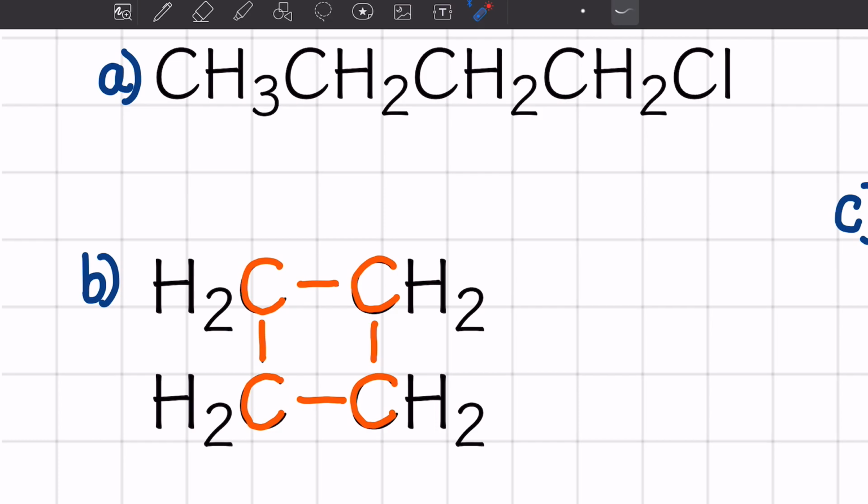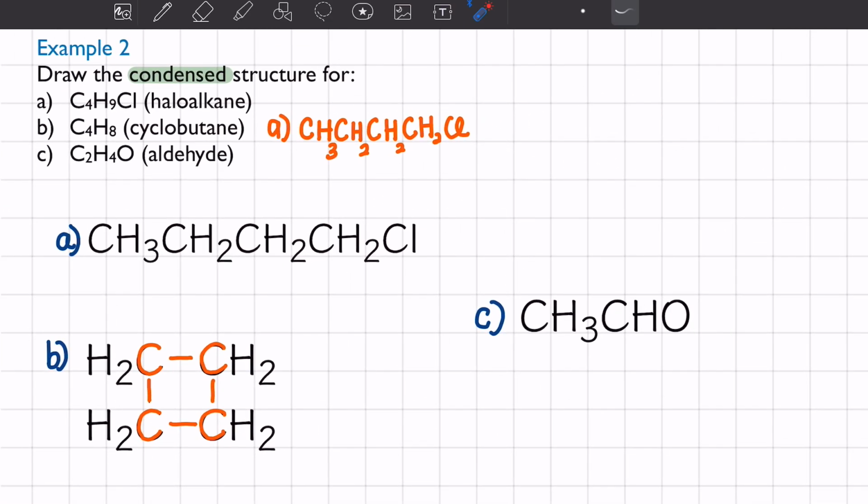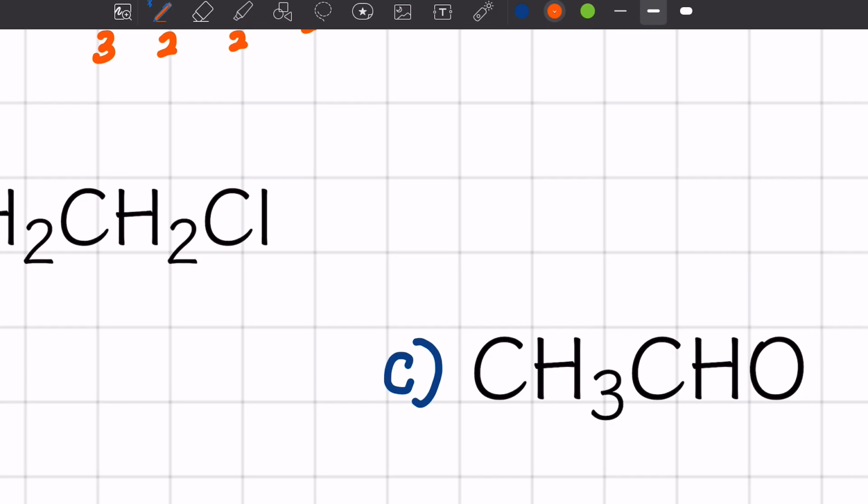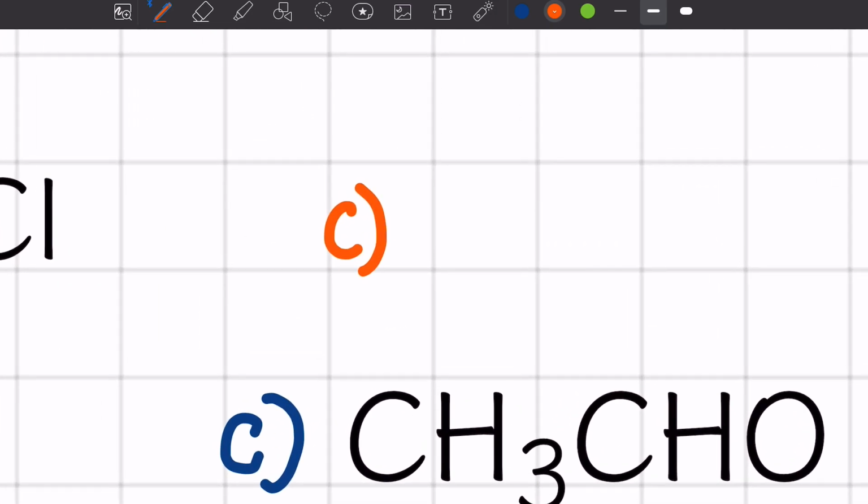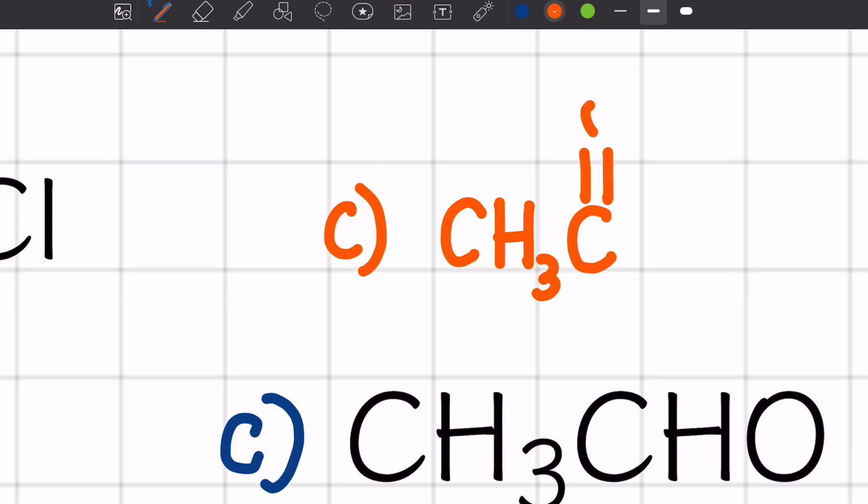Okay, so itu B. Yang ketiga adalah aldehyde. Aldehyde ni dia macam ni. Dia ada 2 carbon kan. So buat dulu CH3. Aldehyde ni dia punya specialty adalah dia ada C double bond OH.